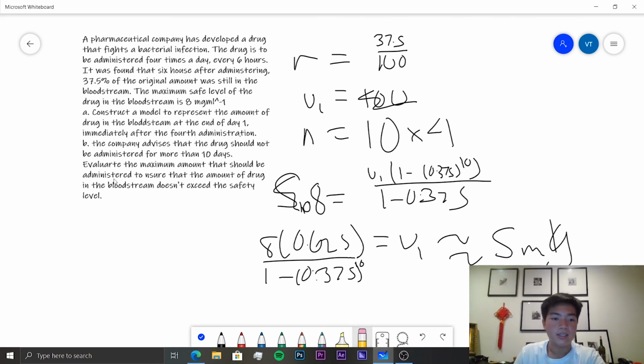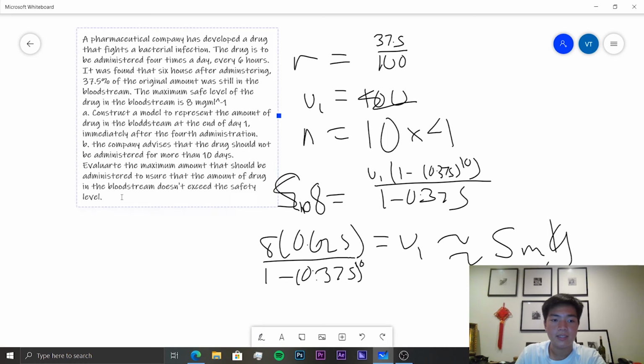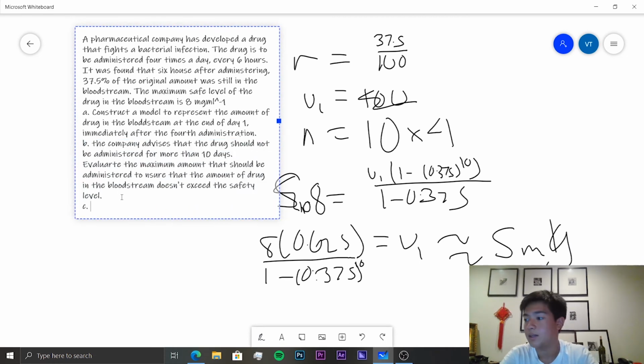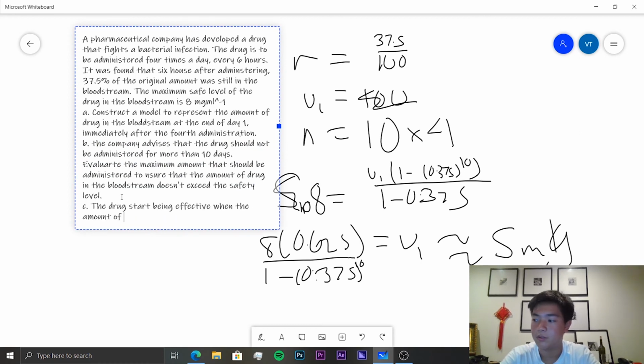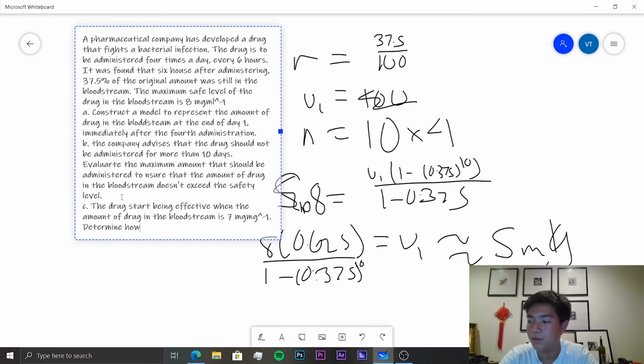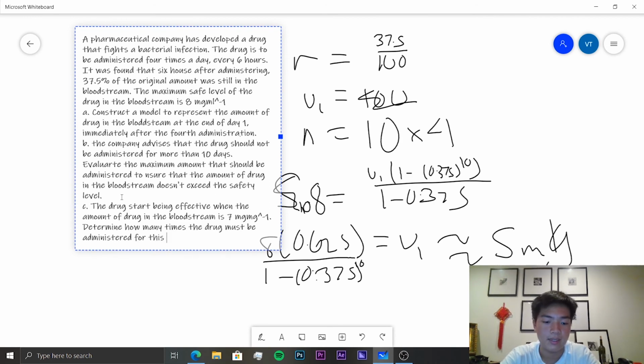And, okay, so the final thing we need to do is: the drug starts to be effective when the amount of drug in the bloodstream is 7 milligrams per milliliter. Determine how many times the drug must be administered for this level to be reached.